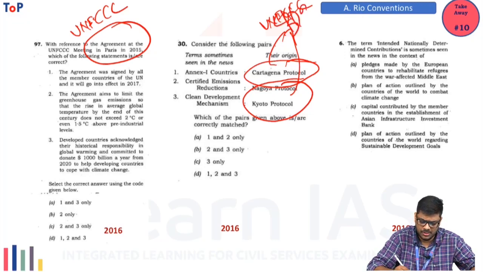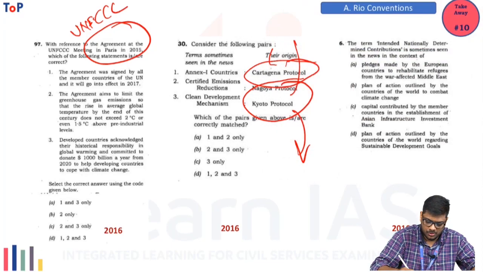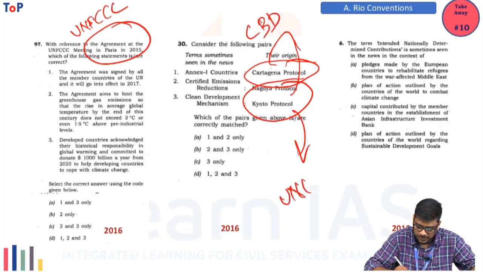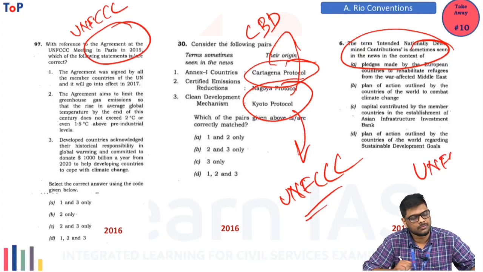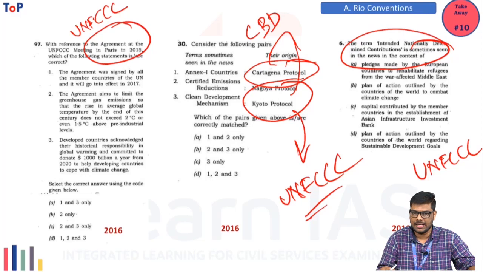So let me erase it and write it for you again. Cartagena Protocol and Nagoya Protocol are related to UNCBD, Kyoto Protocol is related to UNFCCC, and again a question regarding INDC, which is again related to UNFCCC. Getting it? So, see, these are the history, not just current affairs.